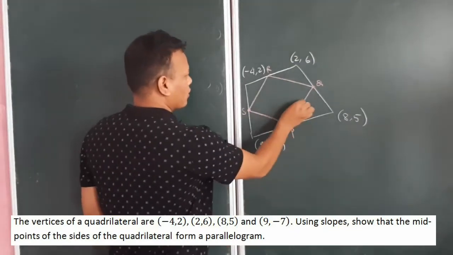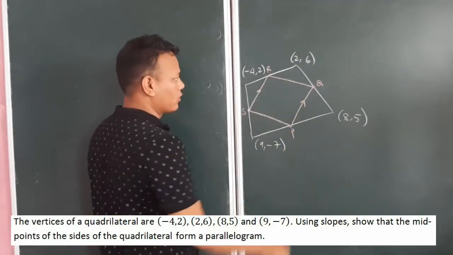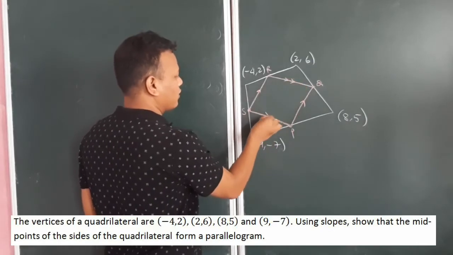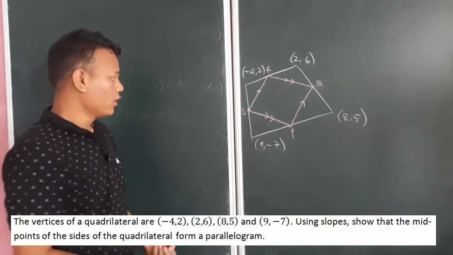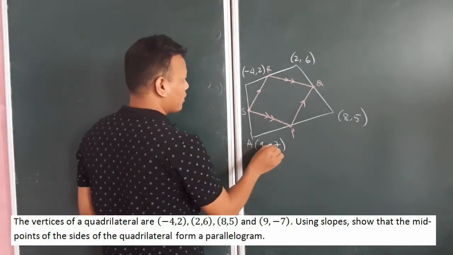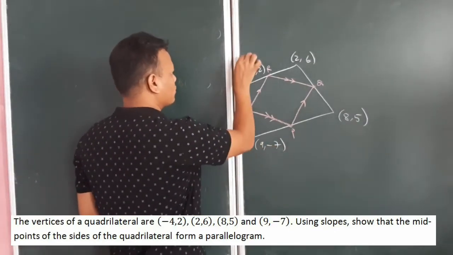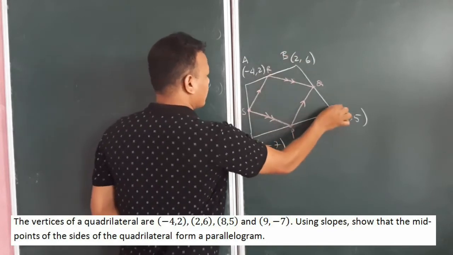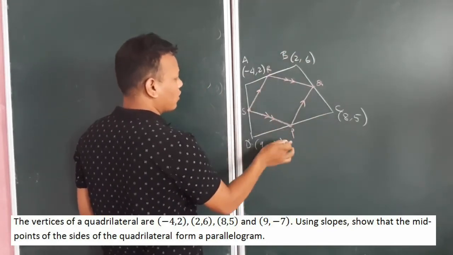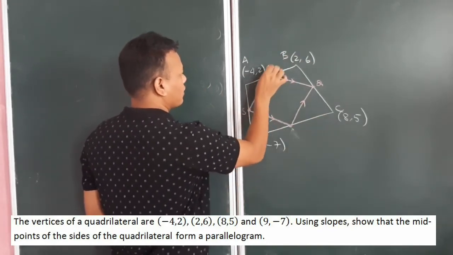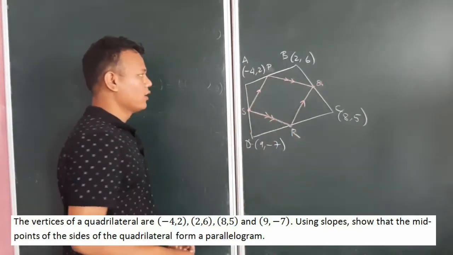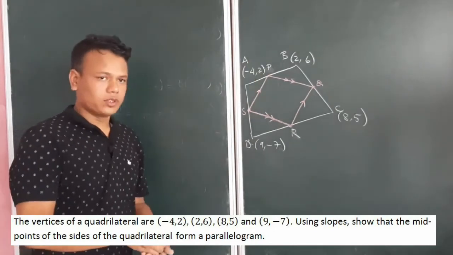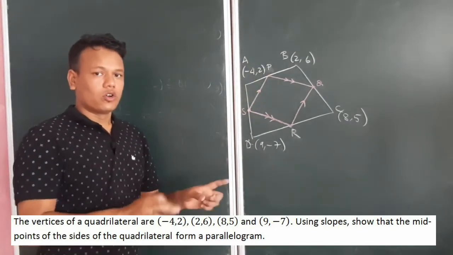That means this and this will be parallel, and this will be parallel. So that's what we need to show in this particular question. Let me call this A, B, C, D, or you can call this P, Q, R, S. So you will follow this diagram. You can make this diagram in your copy as well.